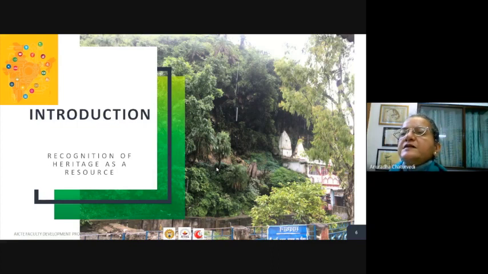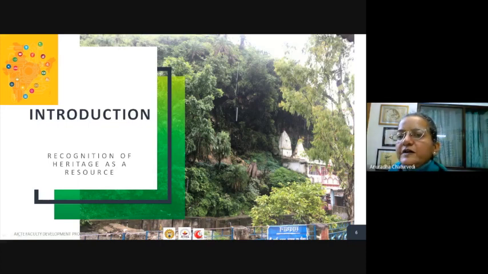Sometimes heritage has been relegated to the margins, and it is only over the last 40 years, as the integrated planning approach to development has evolved, that heritage resources have been considered together with all the other resources which are taken into account for developmental purposes.